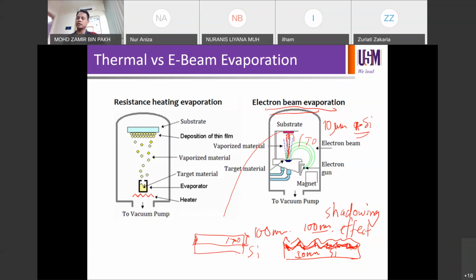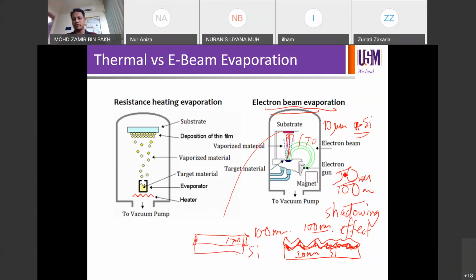But in my work, I also deposited a dielectric layer using e-beam evaporation on textured glass, and the layer thickness is like 50 nano, and some is like 100 nano.